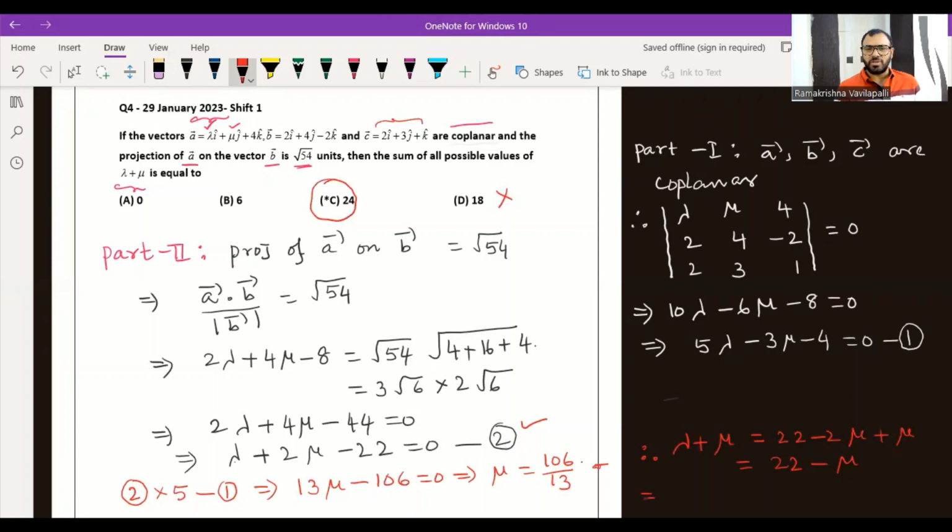This is equal to 22 minus 106 by 13. So you please simplify this. Whatever it may be, the procedure is the same. According to the question, we have solved the problem. If there are any numerical changes, we will get the answer accordingly. Maybe here I have to take minus 2, but no problem at all. So here the options are not at all matching.